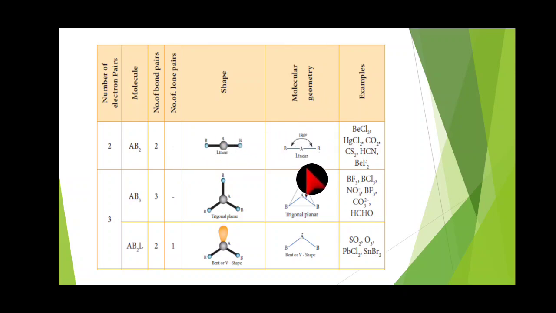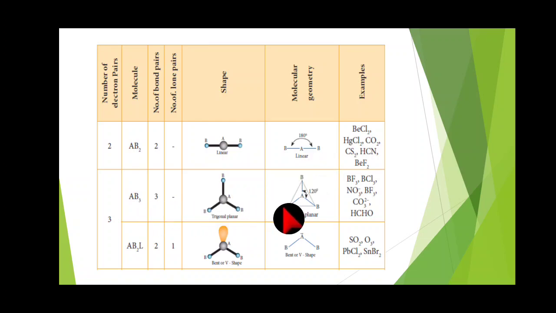So the molecular geometry is linear. What are the examples? Beryllium chloride, mercury chloride, carbon dioxide, carbon disulfide, hydrogen cyanide, beryllium fluoride, right? These are the examples of linear molecules.